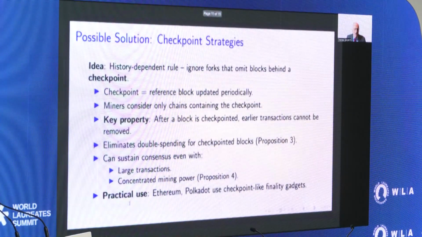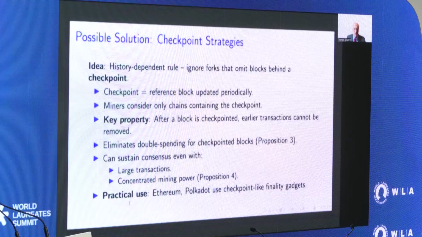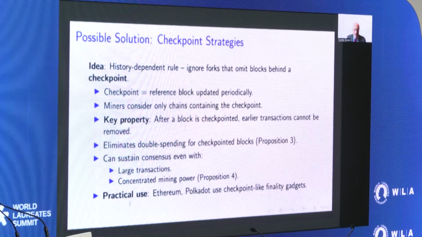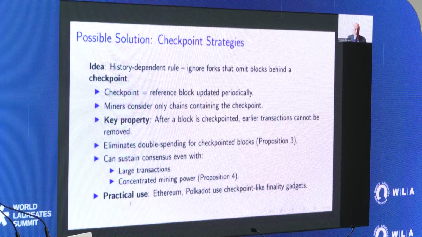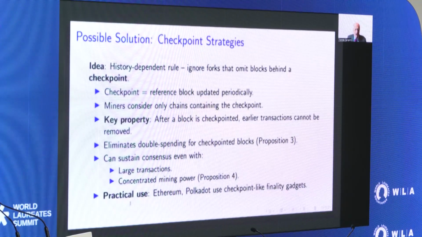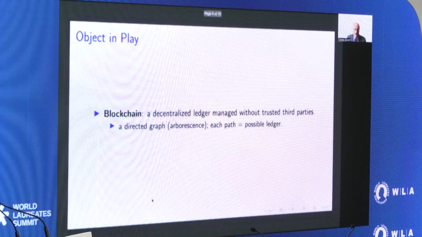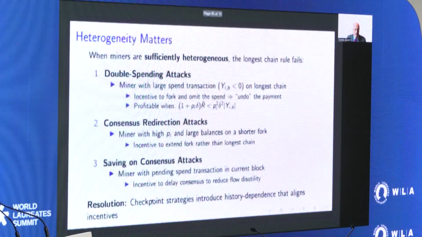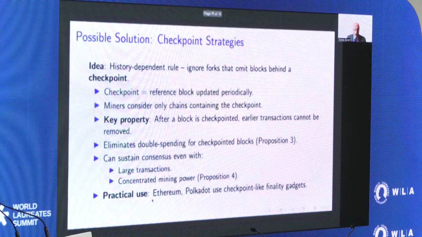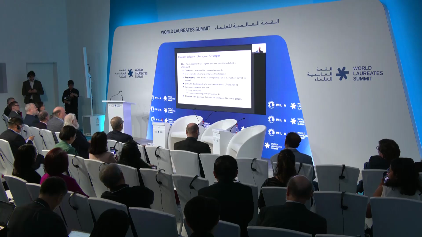So the rule is to ignore forks that omit blocks behind a checkpoint. So there's a new object here, a checkpoint. It's a reference block that's updated periodically, and miners are only going to consider chains that contain the checkpoint. The key property is that the block is checkpointed, so earlier transactions cannot be removed.